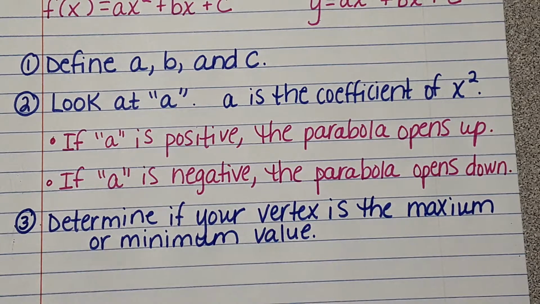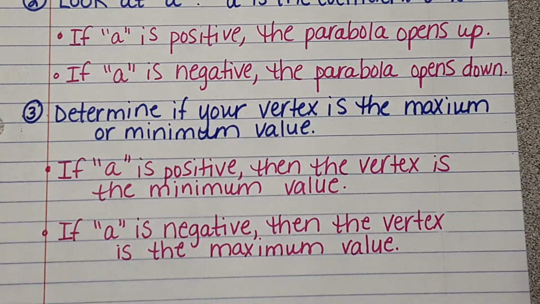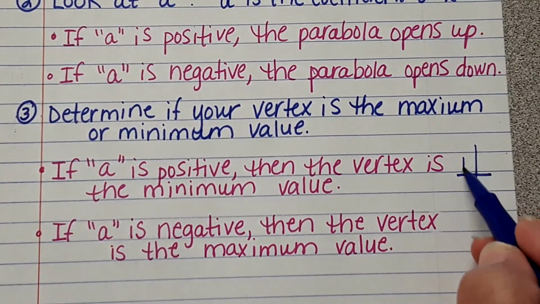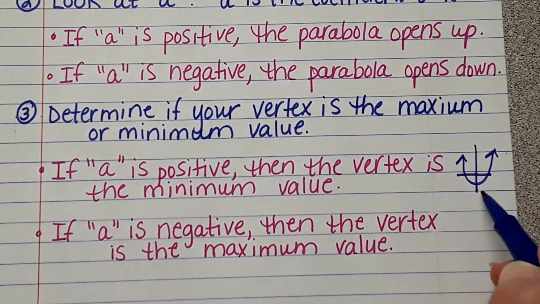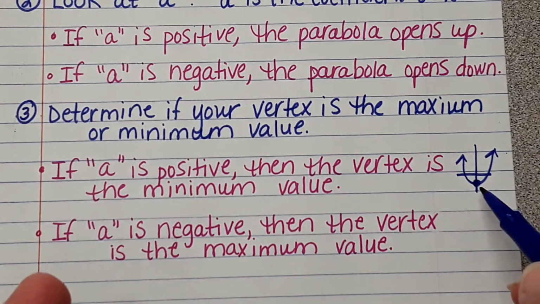It's whether A is positive or negative, okay? If A is positive, the vertex is the minimum value, which makes sense because if your A is positive, it opens up. So we're just going to draw a little graph just so you guys can see. If it opens up, your vertex is down here.